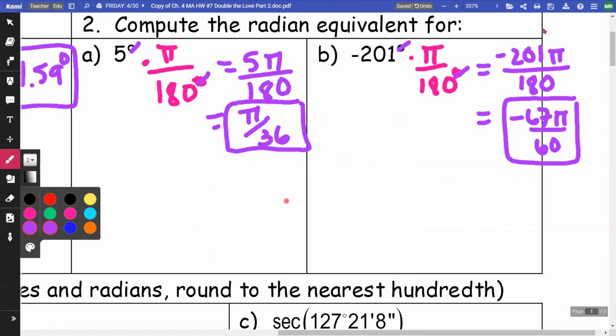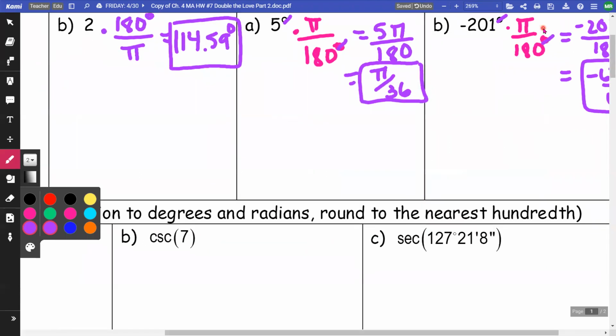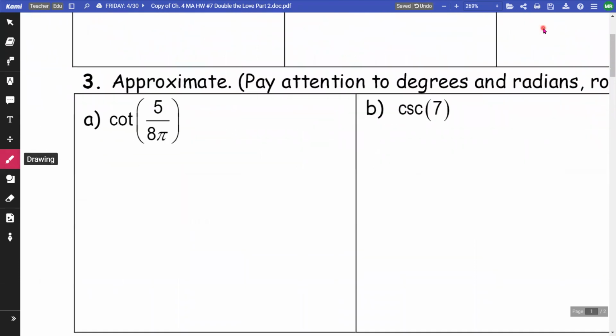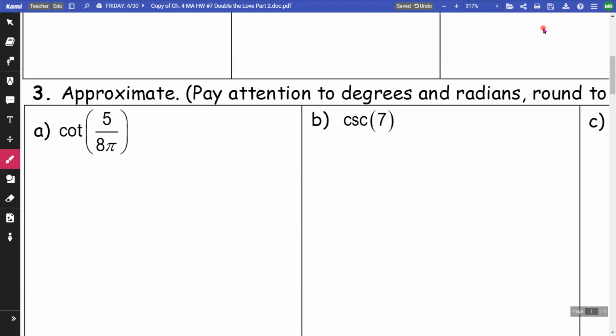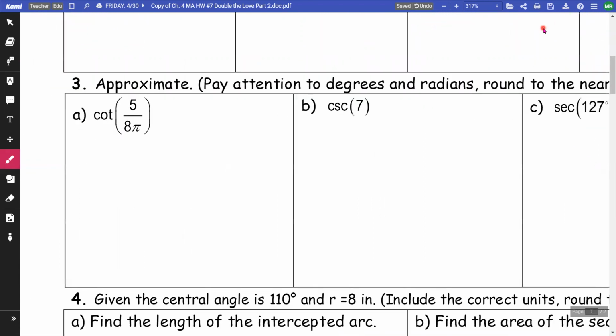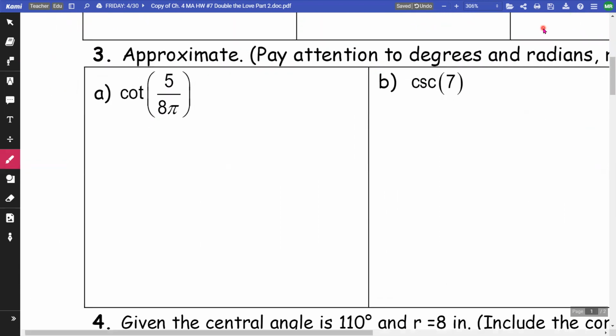Okay, let's take a look at the next section. Here we want to approximate this, rounding to the nearest hundredth. Since we don't have cotangent on our calculator, we're going to type in the reciprocal, which is 1 over the tangent of 5 over 8 pi.